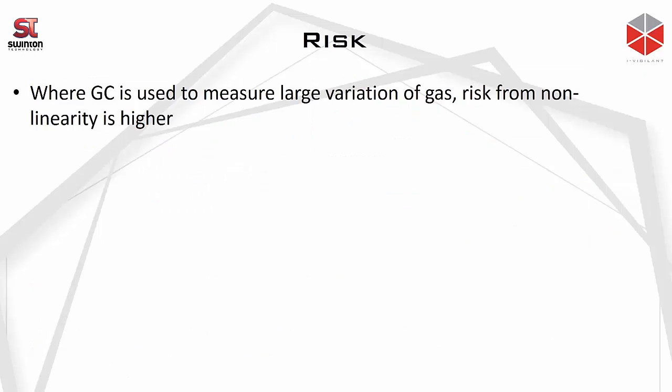When the GC is used to measure a large variation of gas, the risk from nonlinearity is higher, and this can happen on many different occasions. For instance, some platforms utilize gases from two different wells, and maybe a GC has stream 1 measuring data from well 1, and stream 2 measuring data from well 2, which have two different compositions. Or a gas transportation company may have different entrances to the system.